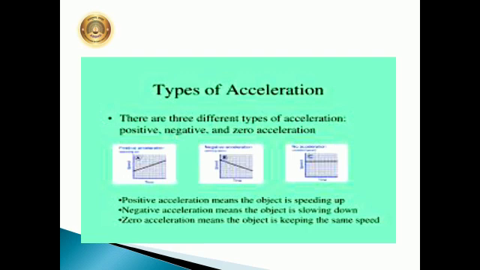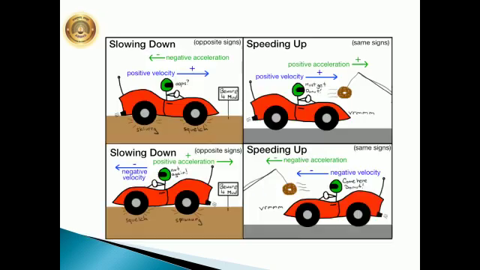So positive acceleration means the object is speeding up, negative means it is slowing down and zero means it has the same speed. See, negative acceleration is slowing down and positive acceleration is speeding up.